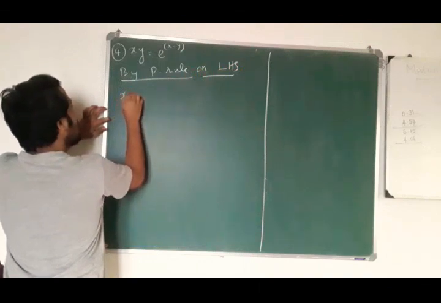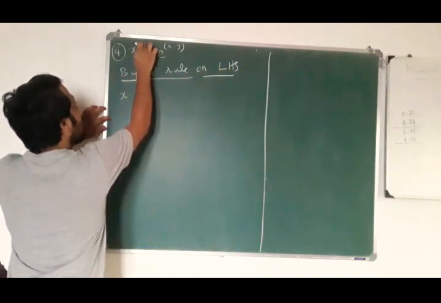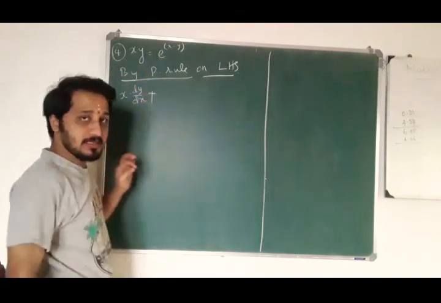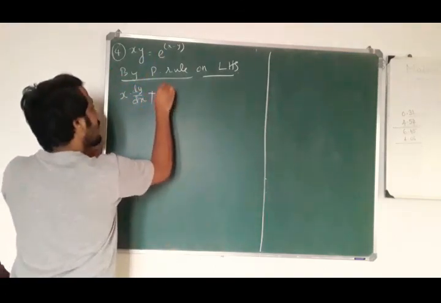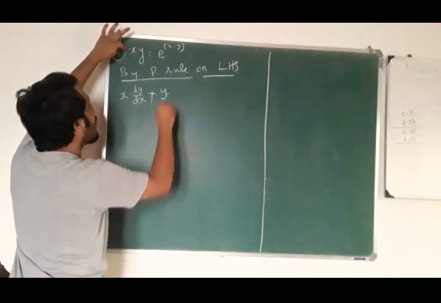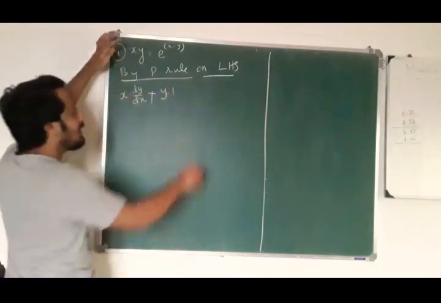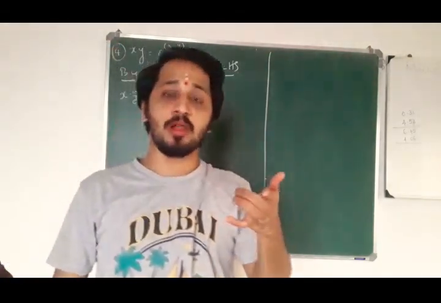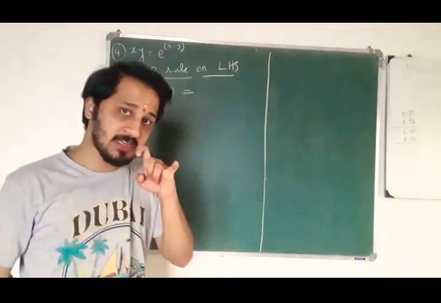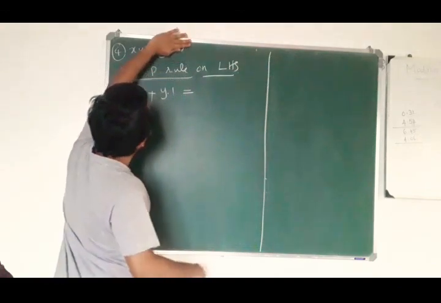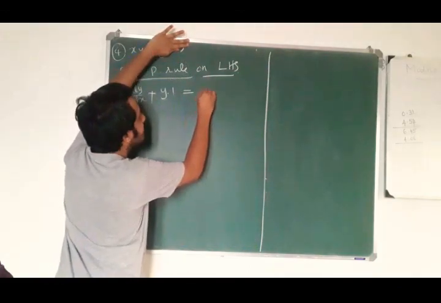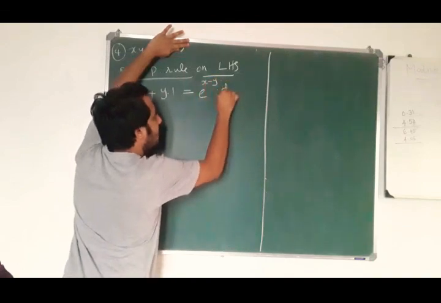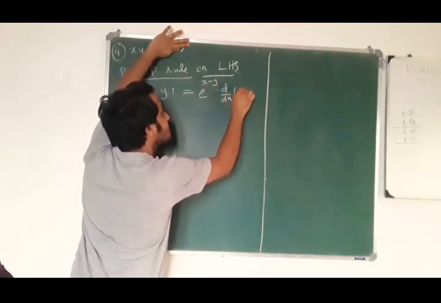First function into derivative of the second function, that means dy by dx, plus second function into derivative of the first function, derivative of x is 1, is equal to the derivative of e power x minus y. Derivative of e power x minus y is nothing but e power x minus y into the derivative of x minus y.